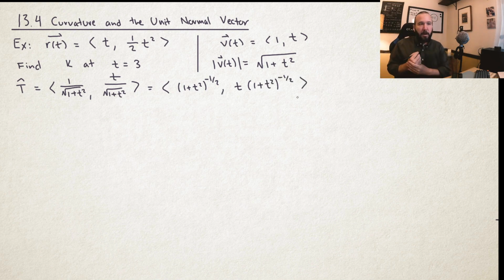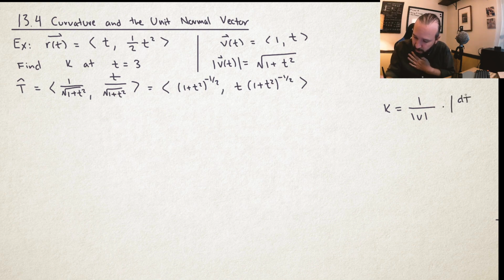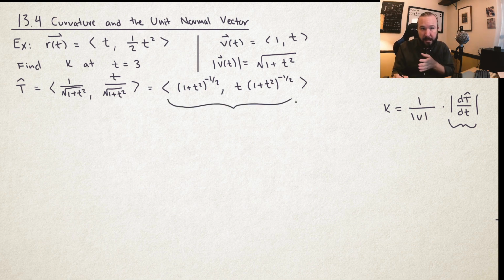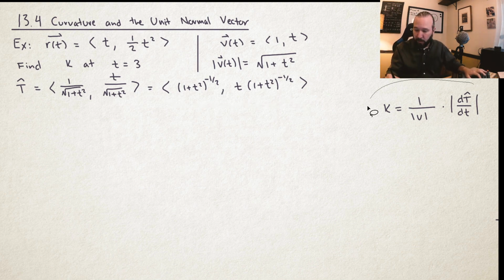All right, so capital T wasn't so bad, but remember, kappa is 1 over magnitude v, times the magnitude of the derivative of the unit tangent vector. So this looks like it's going to be a lot, because I'm going to have to take the derivative of this and then find the magnitude of that. So looks like we've got our work cut out for us. Let's see how far we can get.